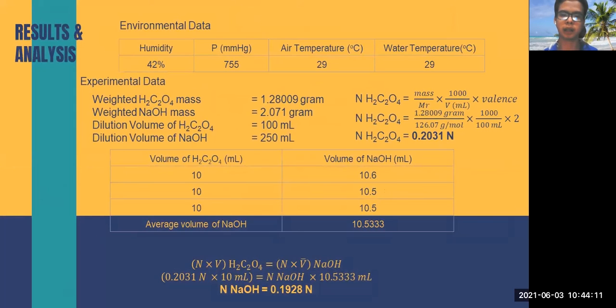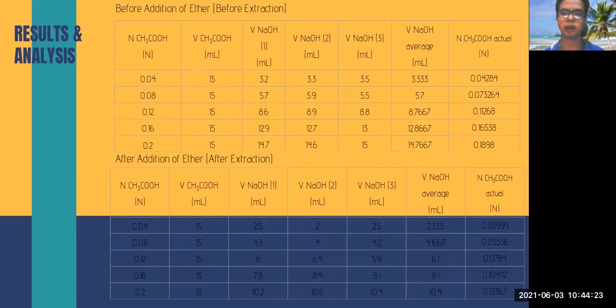Here are the data gathered, and from the calculation of titration, the normality of sodium hydroxide solution is found to be as follows. Here are the actual concentration of acetic acid in water before and after the addition of ether, measured by titration.